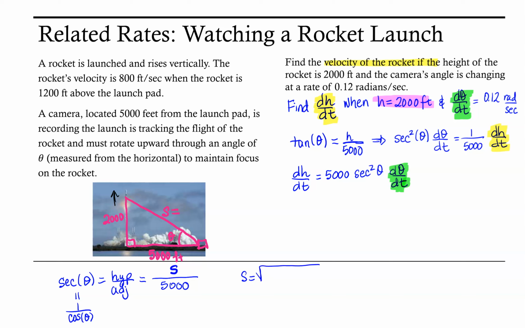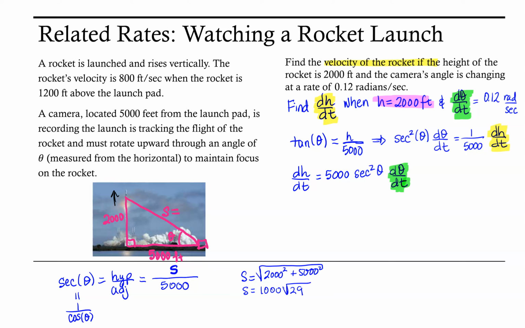So we'll have S is equal to the square root of 2,000 squared plus 5,000 squared. And so we can simplify this quantity in the square root to be 1,000 times the square root of 29.